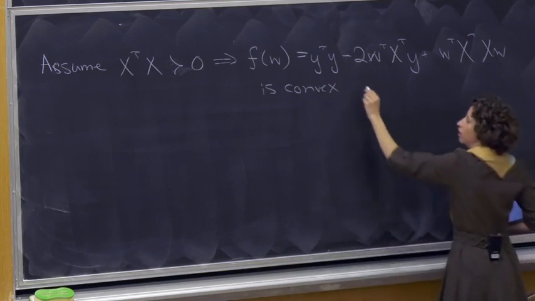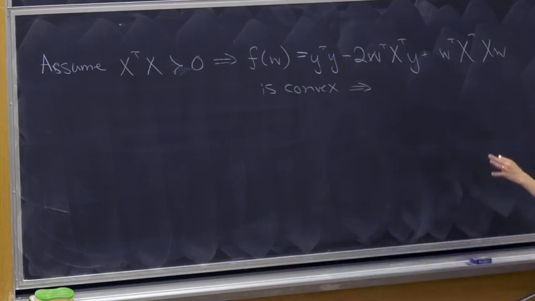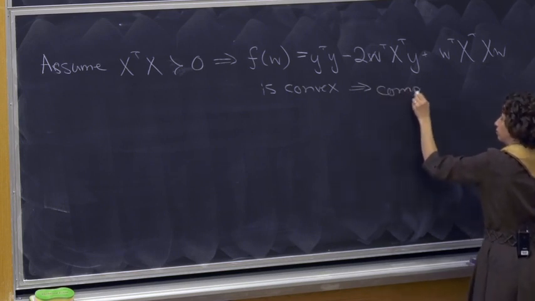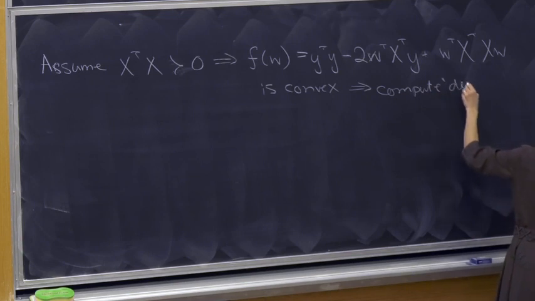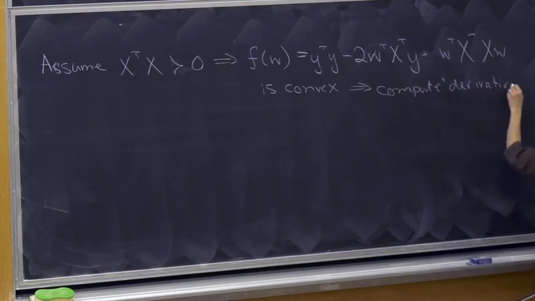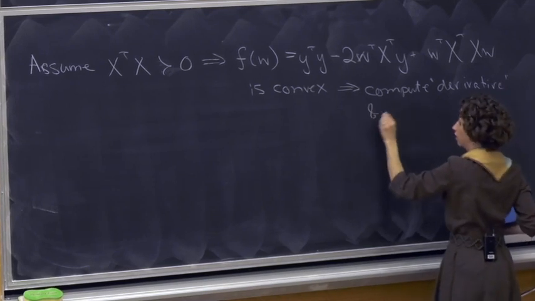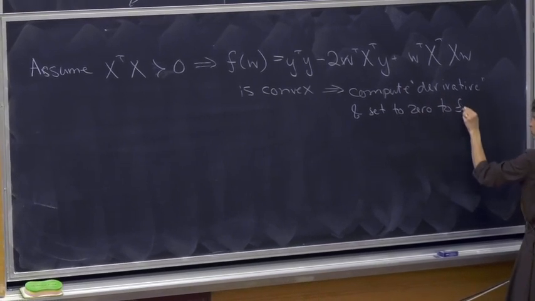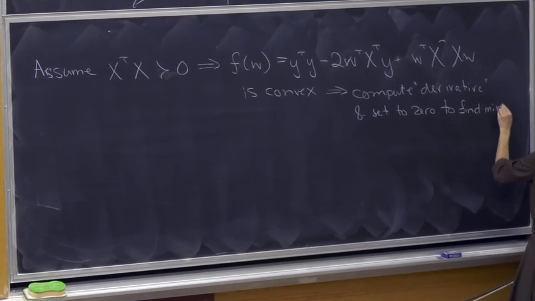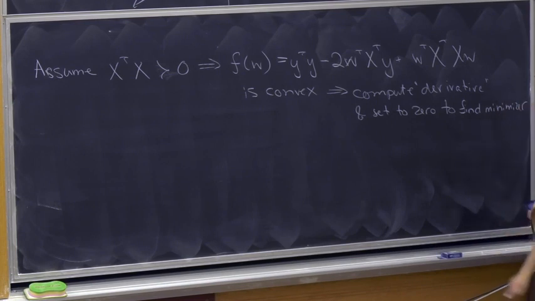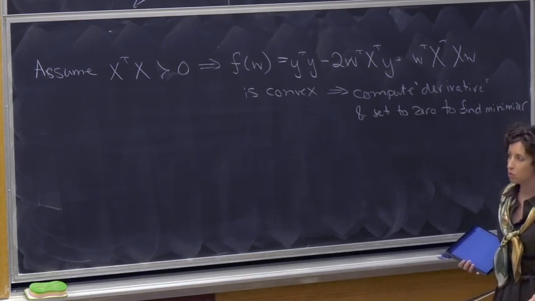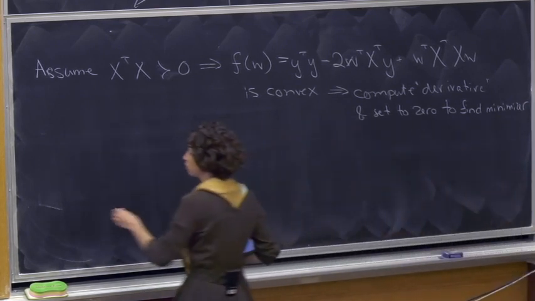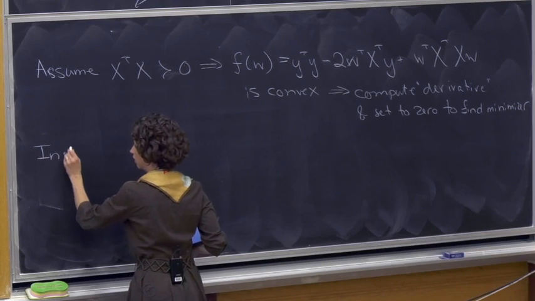And so in analog to what we talked about in the 1D case, we can compute the derivative and set it to 0, only we're not really dealing with scalars anymore. We have vectors. So instead of derivatives, we use gradients.